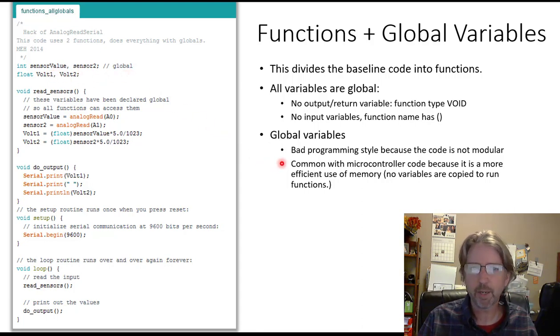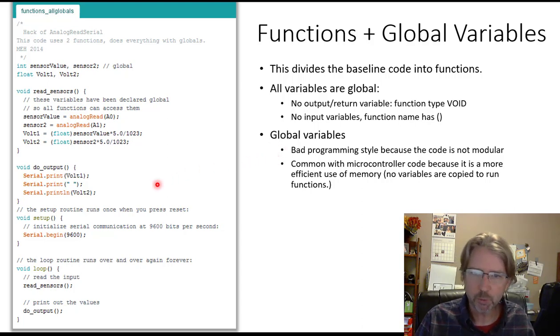But it's actually fairly common with things like Arduinos because Arduinos don't have that much memory, and if you have local variables, as we'll see in a second, things have to get copied and passed around between the functions. So this is the one exception where maybe global variables are not terrible, but do expect some grumbling from the code gurus.